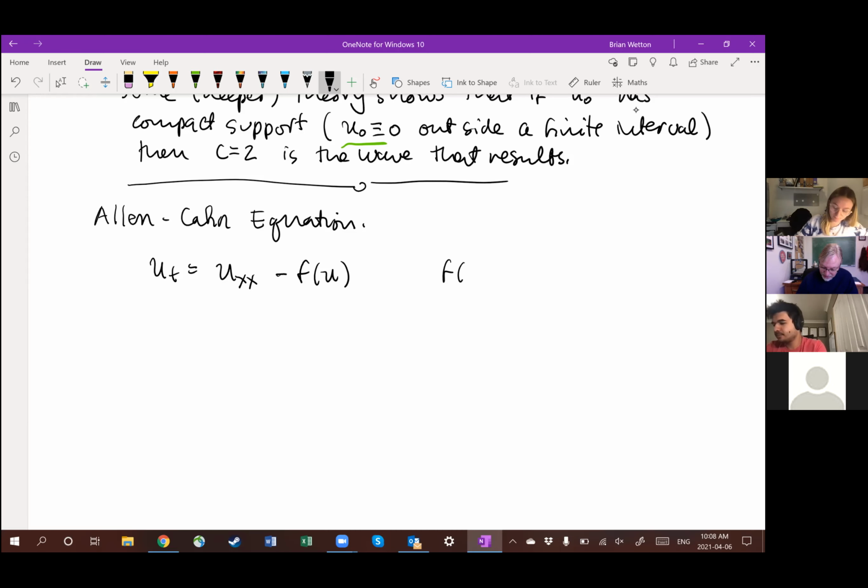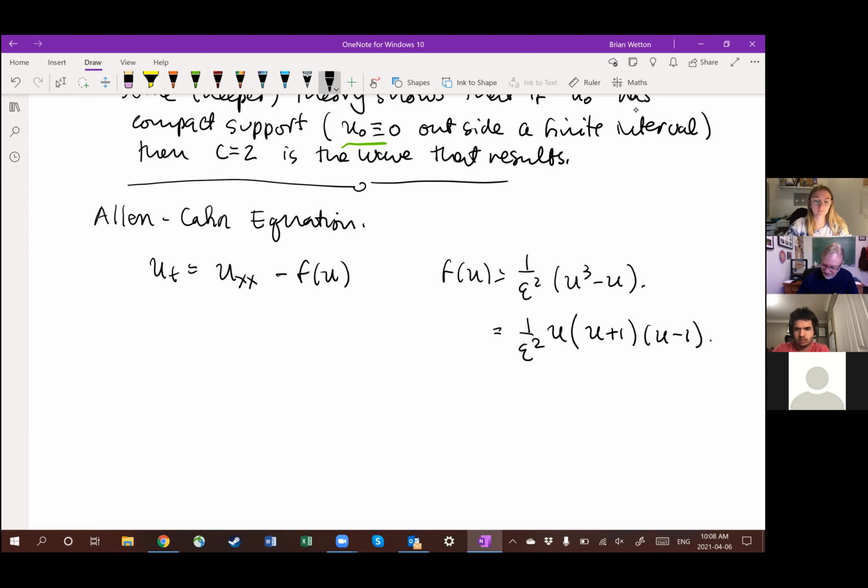And the reaction term here has an epsilon in it. You can scale it out if you're willing to scale space, but I'm going to leave it in because it's interesting in later discussions. So this is 1 over epsilon squared u times u plus 1 times u minus 1.